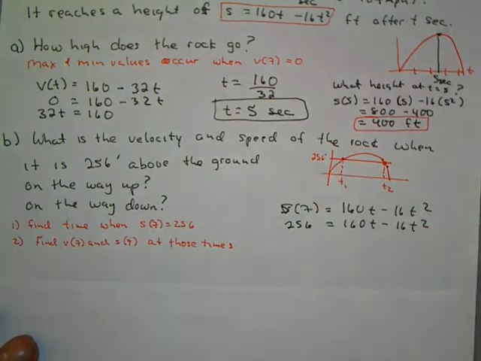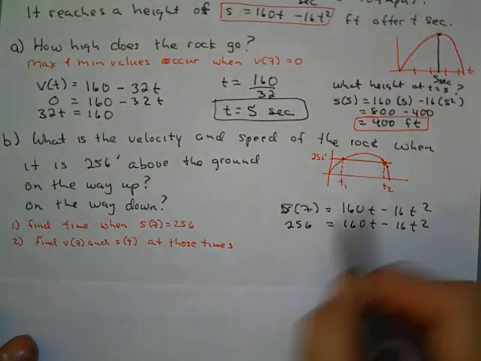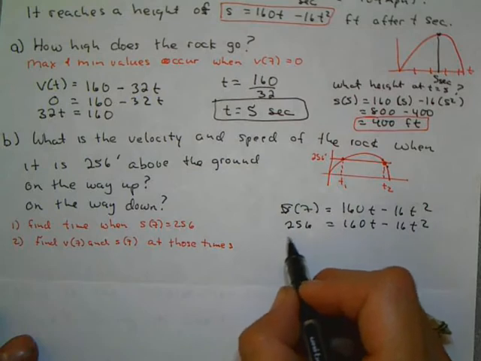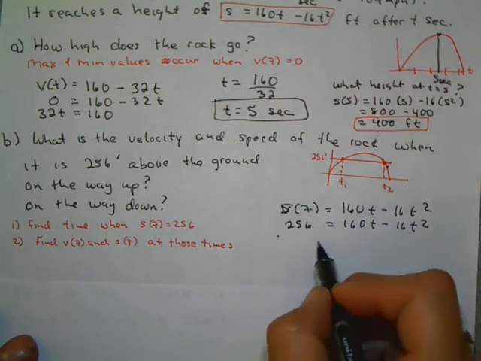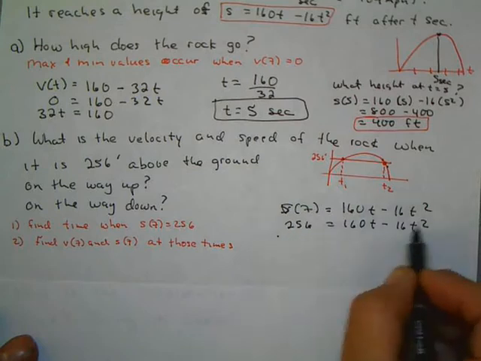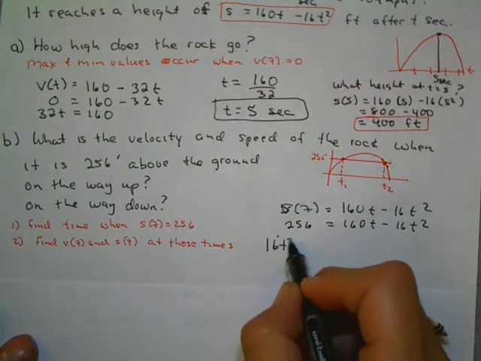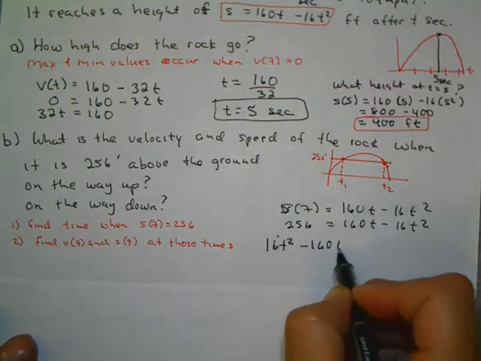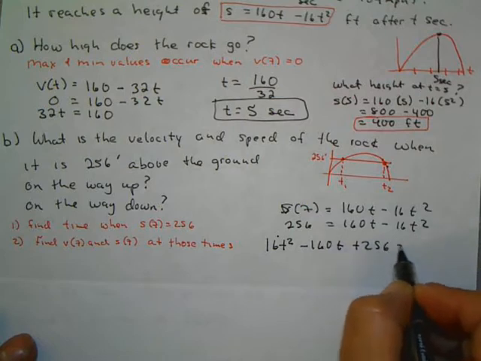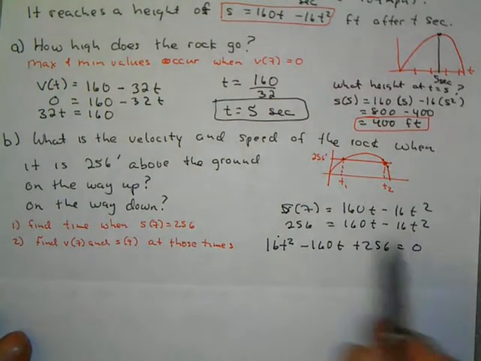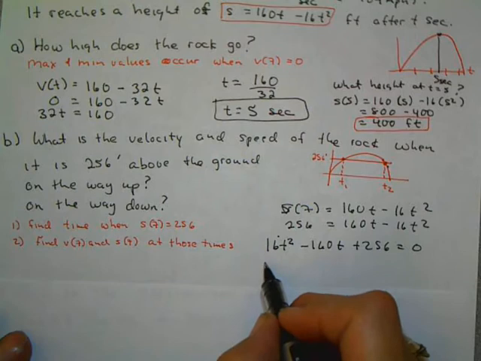Well, I can't solve this as is, but if I take away 256 from both sides, and move everything else over to get more positive, I'm going to have 16t squared minus 160t plus 256 equals 0. Now, I'll factor out my 16, or you can just use a calculator on this.